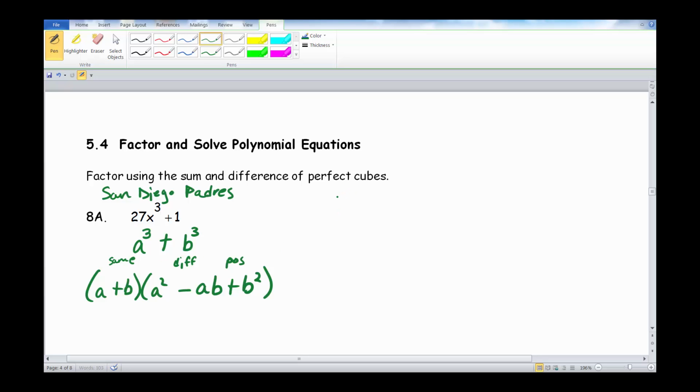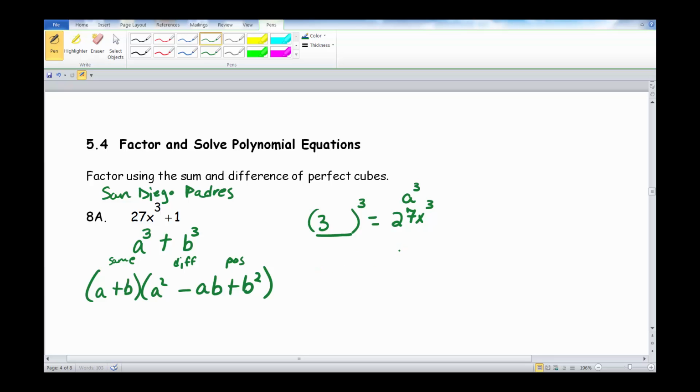But first, just like we were doing with difference of squares, we have to identify what is our a and what is our b. So we're asking ourselves first, what, when we cube it, is going to give us this a cubed, that 27x cubed. Well, just starting off with the number, what number cubed gives us the number 27? 3 would accomplish that.